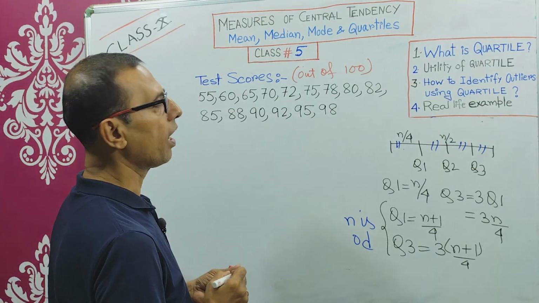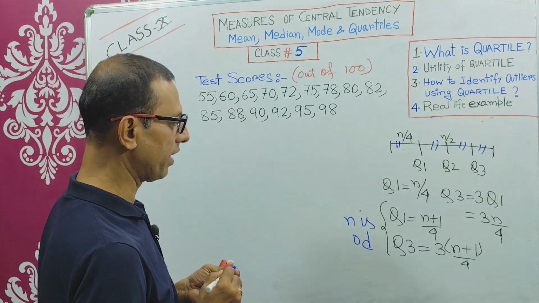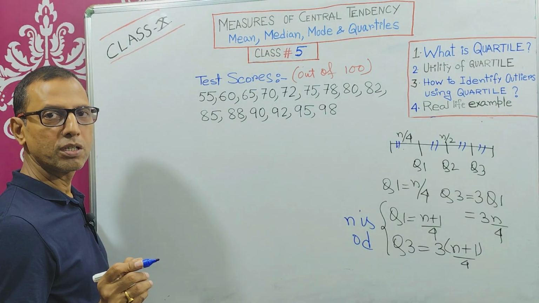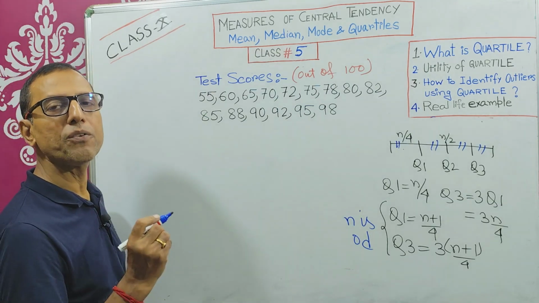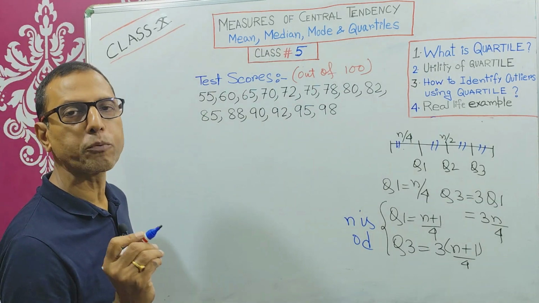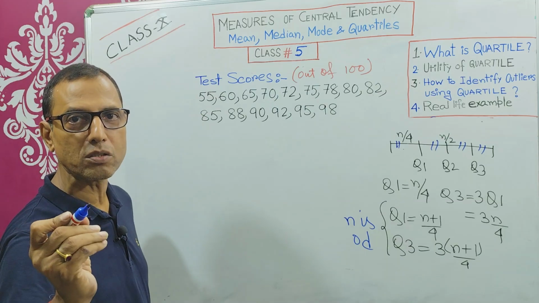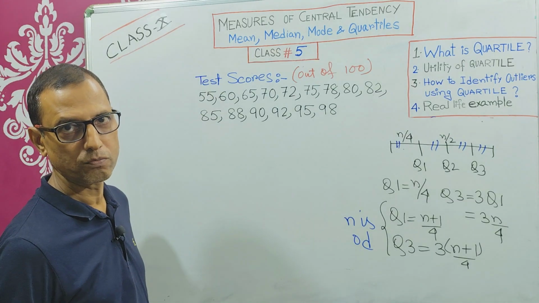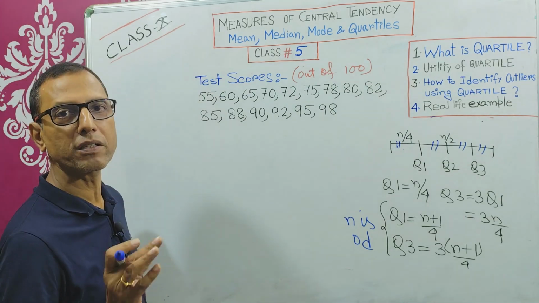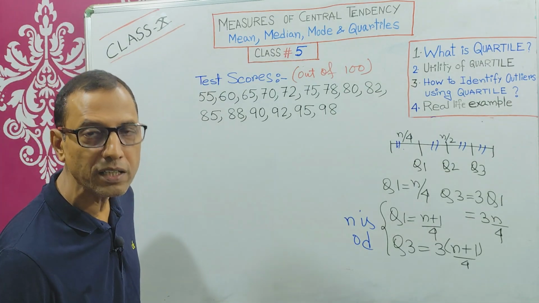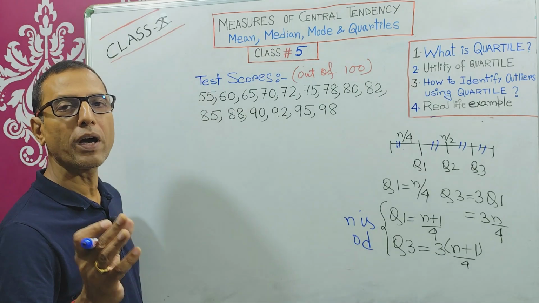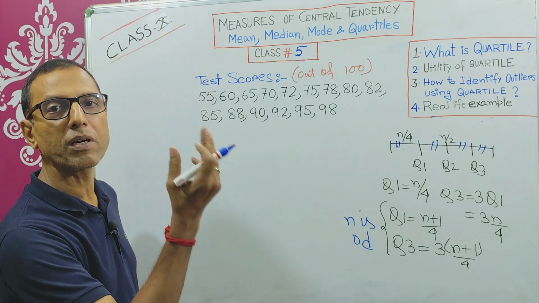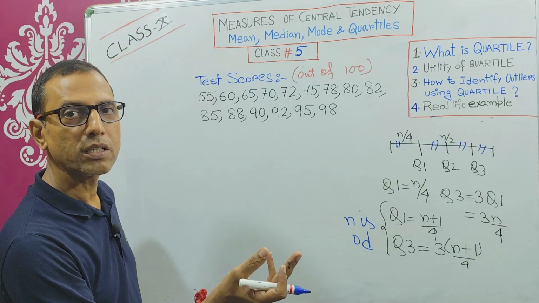Now the question is given: find out the top 25 percentile, the top 25% high performing students. That means you need to identify the top 25% scores, and those students who have achieved those scores are high performing students.